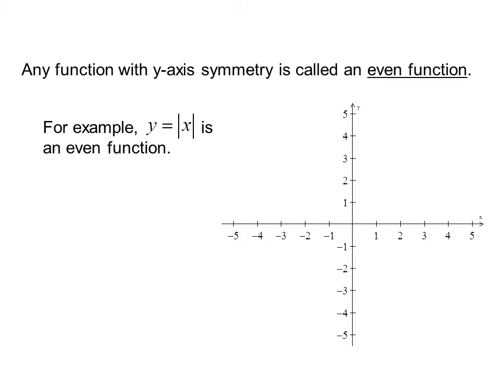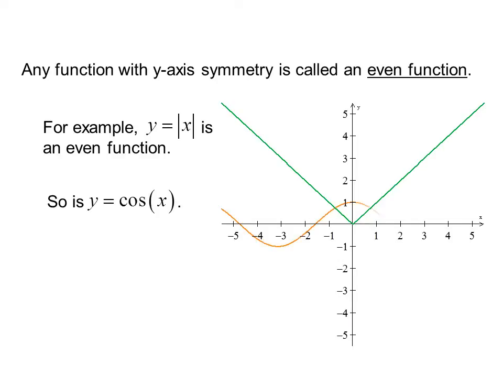For example, y equals the absolute value of x is an even function. We get our familiar V graph. So is cosine x. Cosine x has y-axis symmetry, behaves like a polynomial with even exponents, so it's considered an even function.